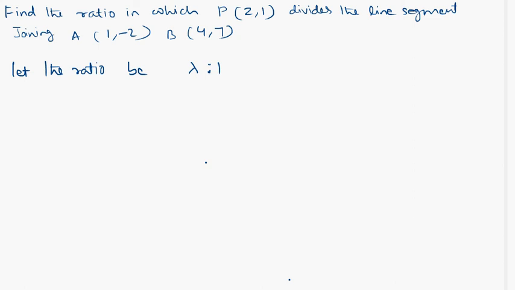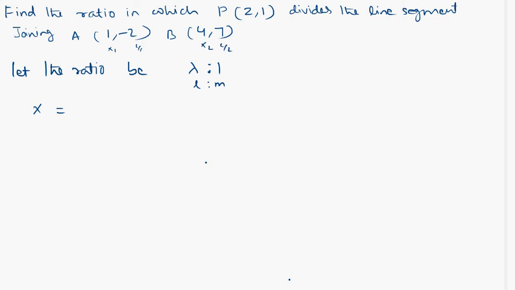Now the x coordinate of the point would be, because the ratio is L is to M, this one is L and M, you can apply the formula and equate it to the point 2 and 1. x1, y1, x2, y2.